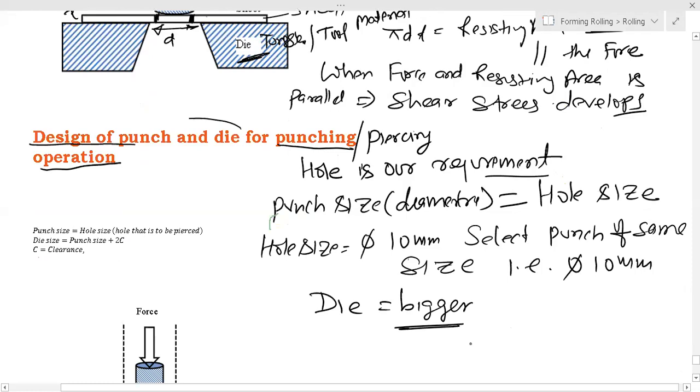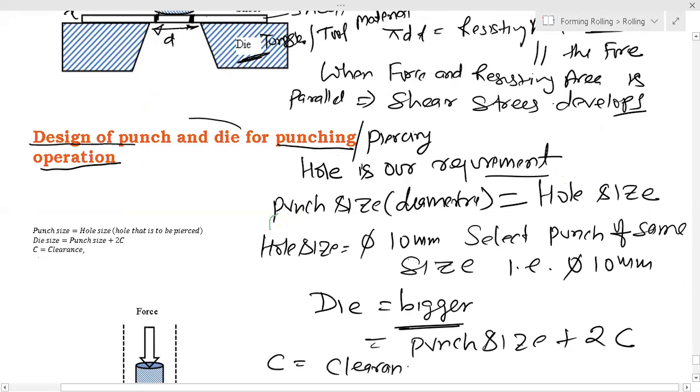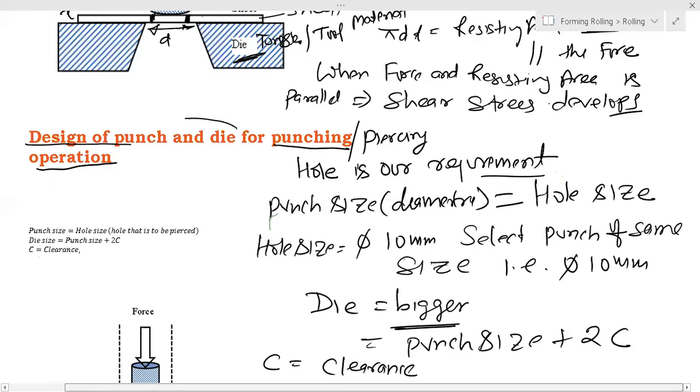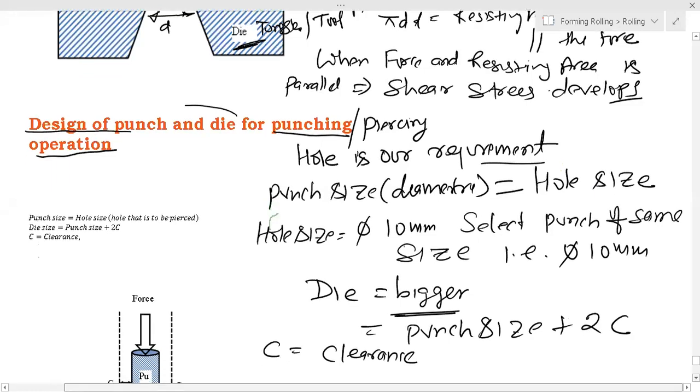How much bigger? It will be equal to punch size plus 2C, where C we call clearance.